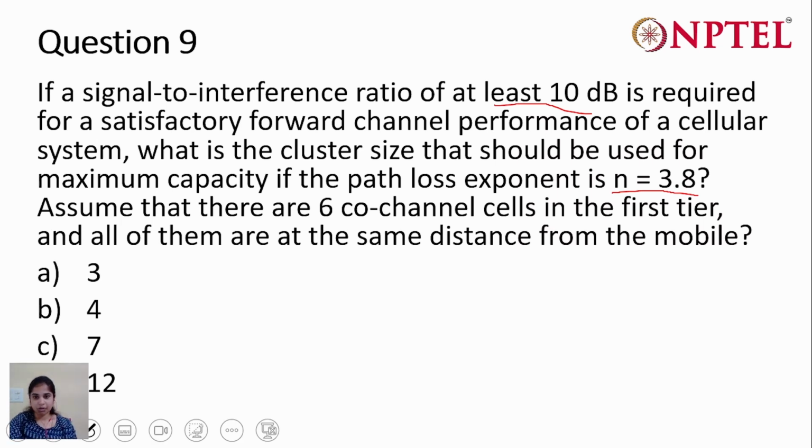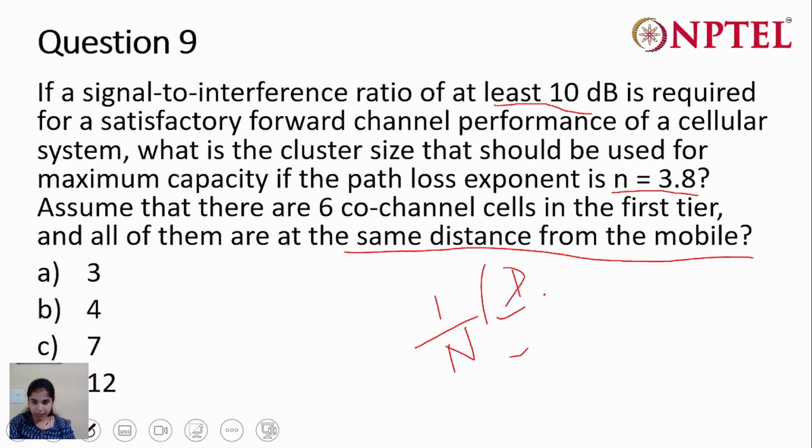Here we might not need to go to that because what is given is all of them are at the same distance from the mobile. So basically my mobile would be at the center. We could directly go for 1 by N into (D by R) the whole power n, like we could go to that approximation directly. So N is given as 6.